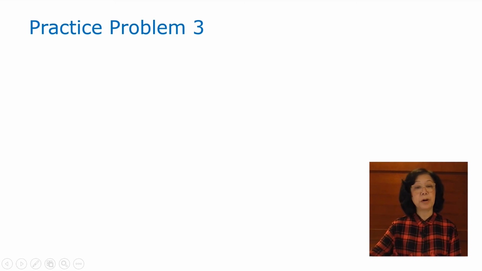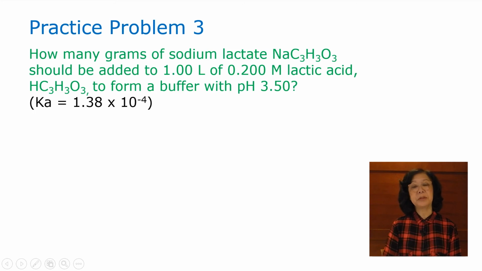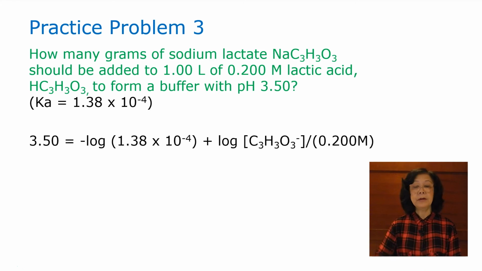Now let's try practice problem number 3. How many grams of sodium lactate should be added to 1 liter 0.2 molar lactic acid to make a buffer with pH 3.5, given Ka is 1.38 times 10 to the minus 4? Now using the Henderson-Hasselbalch equation, we plug in the pH of 3.5, negative log of Ka plus log of the ratio.